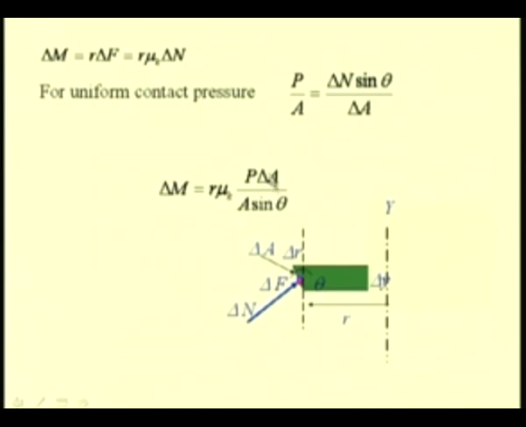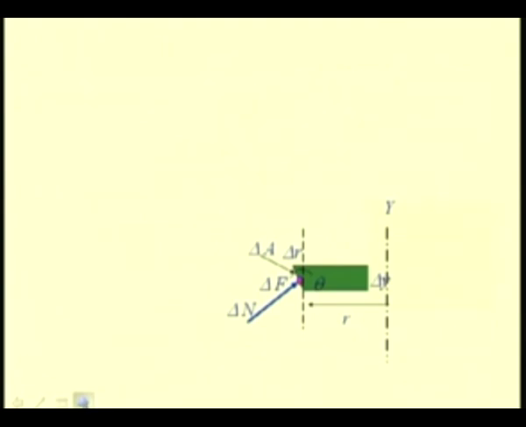Now, we can integrate this in the limits in order to find the total moment. Before that, let us find the area. So, this differential element has an area dA, when delta A tends to 0, as 2 pi r dr cosecant theta.